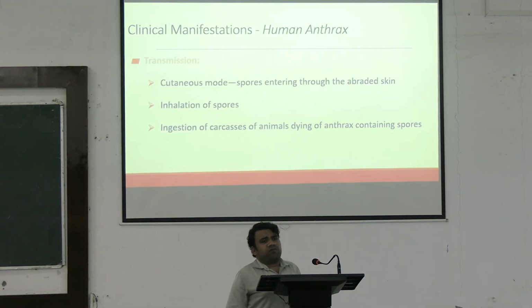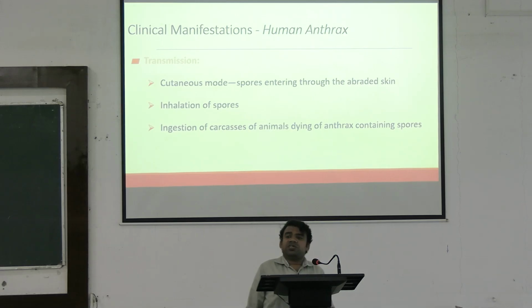Now, what could be the mode of transmission? Basically, there are three modes of transmission. Either the spores can enter through abraded skin. That means if any previous injury is present on skin and mucous membrane, the spore can enter through that. Or more commonly, it can enter through the respiratory tract, that is by inhalation.